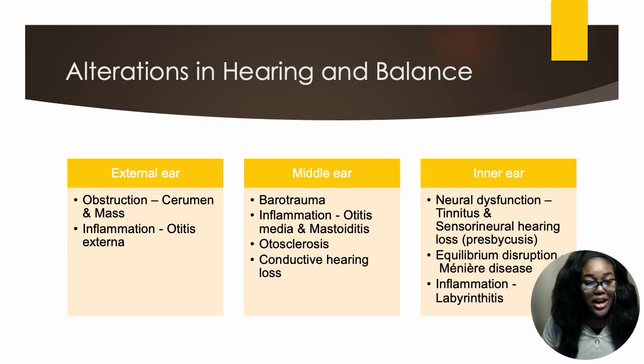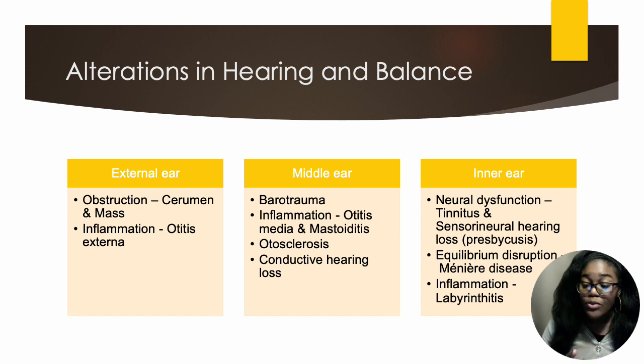Okay, so next we'll talk about the alterations in hearing and balance. And again, this is about location within the ear. So you have the external ear, the middle ear, and the inner ear, where you can have alterations. The first one we'll talk about is the external ear. And this is just the area that's right on the outside where you just get your hearing stimuli. So you can have earwax there, and you can have masses.